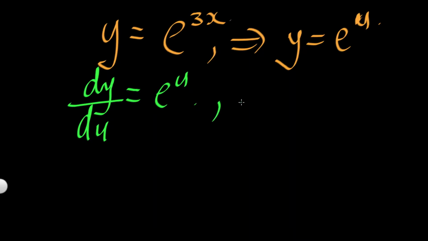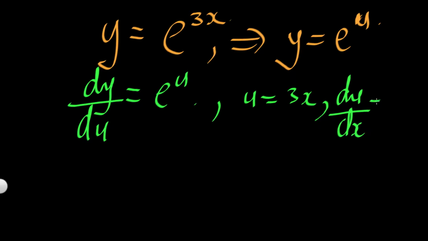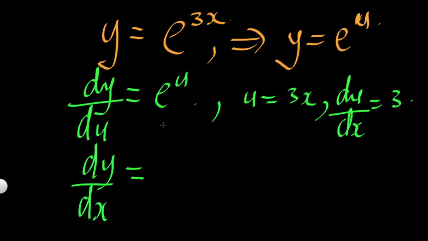We know that our u is equal to 3x, from which we can conclude that du/dx is 3. Now, our dy/dx is dy/du times du/dx. dy/du is e to the power of u times du/dx, which is a 3.